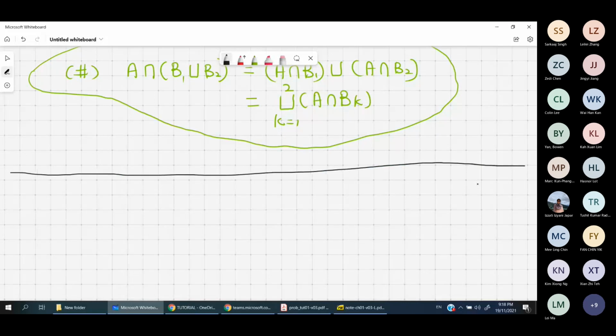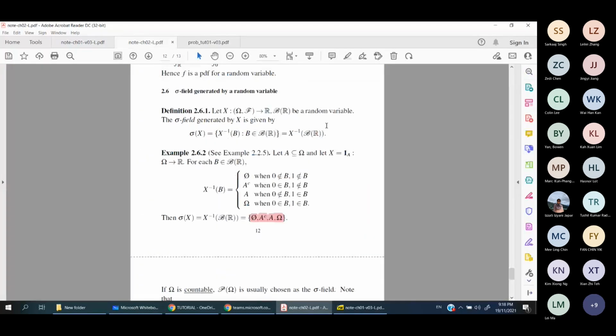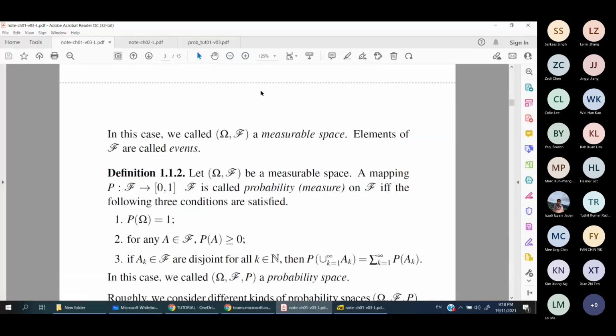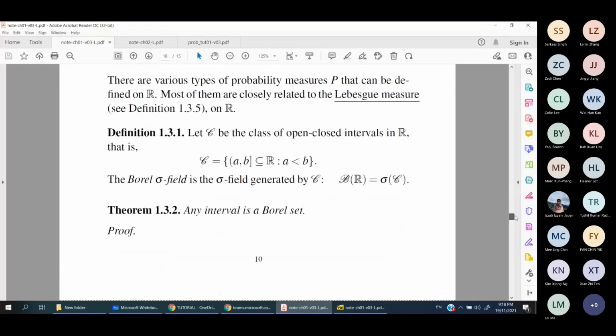Just look at the principles over here. I assume you guys know the construction for the Borel set, so maybe make it quick. We just briefly look at it. What is the Borel set? How to construct our Borel sigma field?